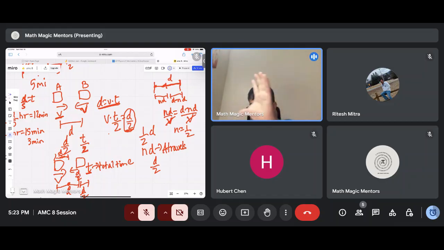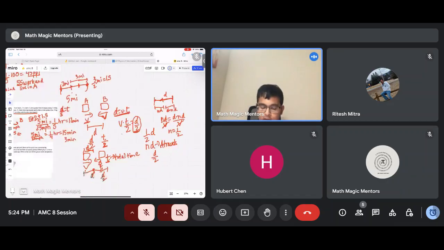Remember, if A travels ND, B has to travel D minus ND. But they both have to make the journey in the same amount of time, or else they're not going to meet. You can't just have A standing there for some amount of seconds and B comes some seconds after. They have to meet at the same time, and so that's why we set the times equal to each other.